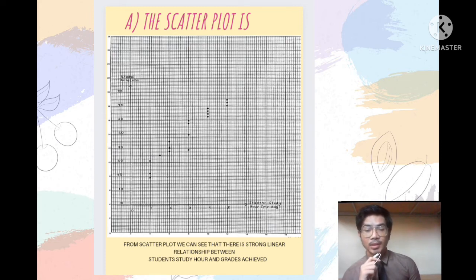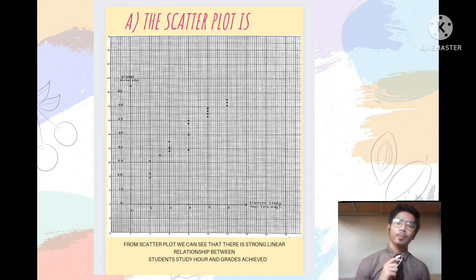From the distribution plot, we can see that there is a strong linear relationship between study hours and student grade achieved. With this, the question requiring us to plot the distribution of the data has been successfully resolved.